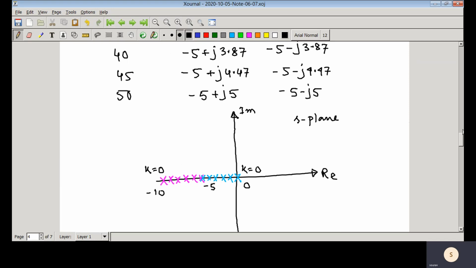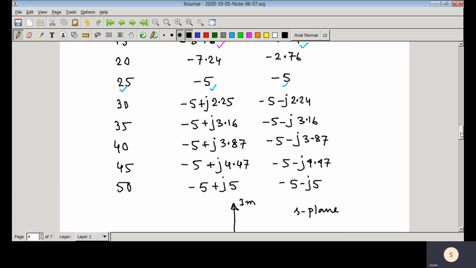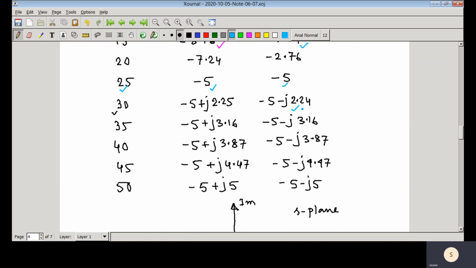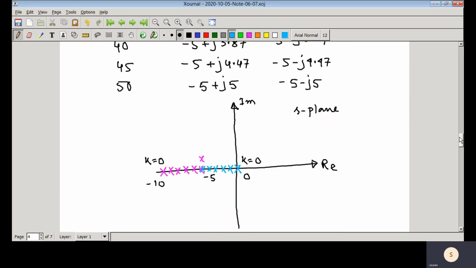And then what happens? Whenever you increase the value to 30, then we can see that one pole, pole 1, is minus 5 plus j 2.25. That means pole 1 is going along this direction, and pole 2 is minus 5 minus j 2.24, going along that direction.